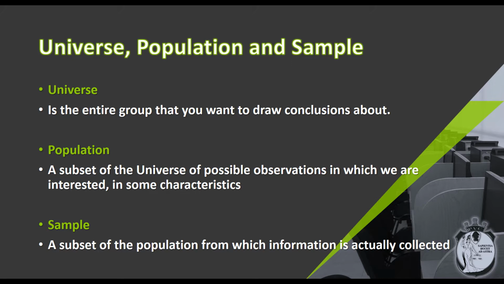A population is a subset of the universe, of possible observations in which we are interested in some characteristics. In the universe we have all the people, all the data, all the information, but we are interested in one or some characteristics of that universe. In that case it is the population.